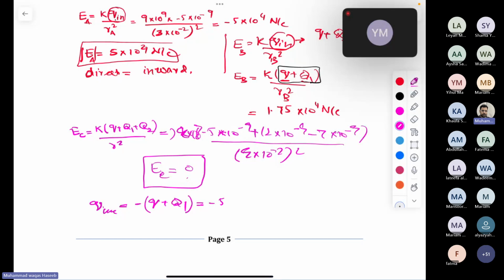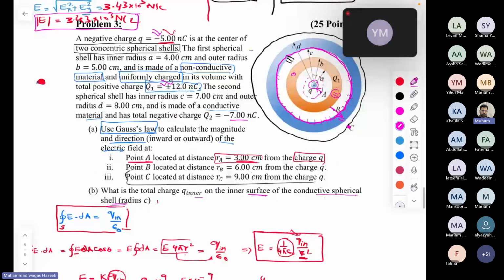So -5 plus 12, you will get -7 nanocoulomb. So for the inner surface, you have -7 nanocoulomb charge on this surface.